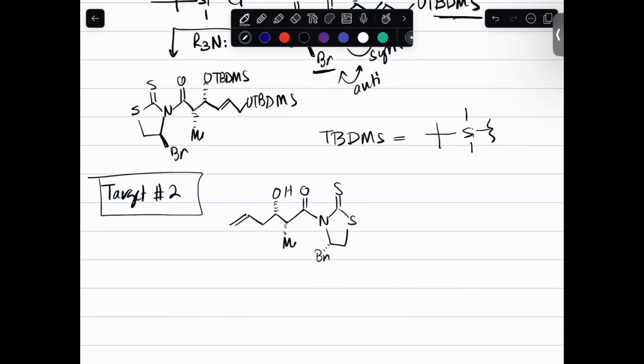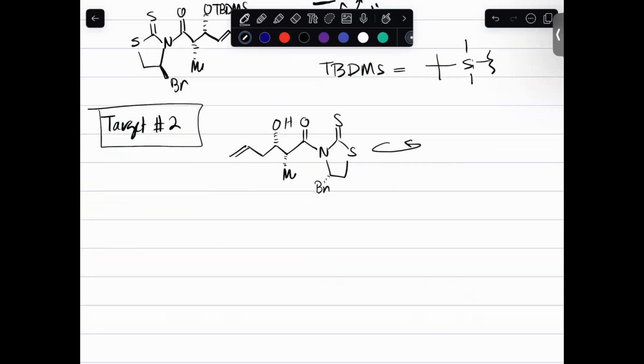We're used to seeing it on the left. So I'm just going to flip it around so that it's now on the left side, which means that if I flip it around, my stereochemistry inverts. It's not a reaction. I'm just flipping it around.